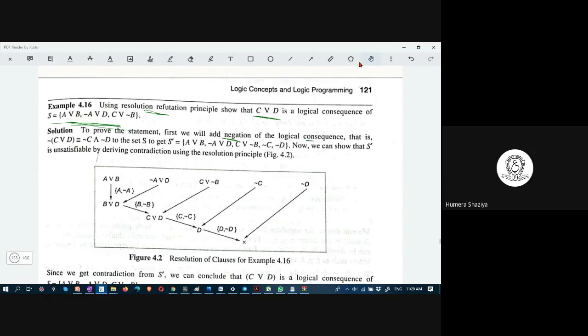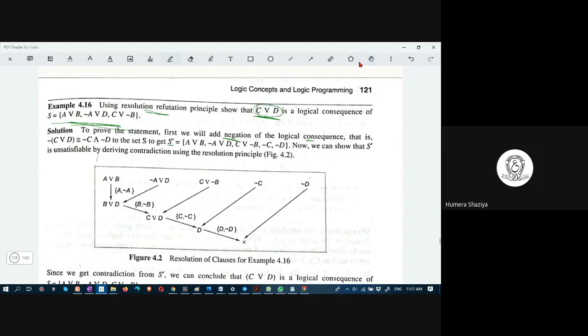When we are proving by contradiction, C or D would become not C and not D. After adding the negation, S' is obtained as: A or B, not A or D, C or not B, not C and not D.